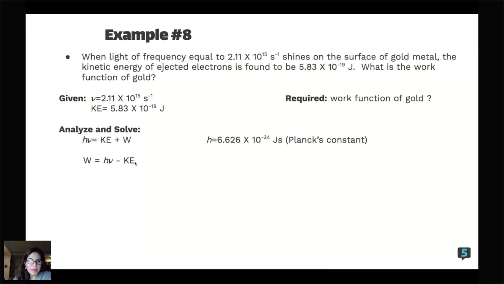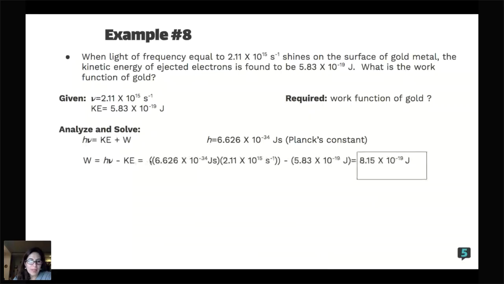I always get these ones confused. So now we substitute Planck's constant, frequency, and then we subtract the kinetic energy that was given, and this is the work function of gold. Remember that the work function means how much energy we need to start pulling out electrons, in this case of gold. Any questions here?